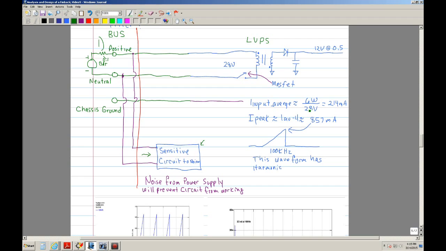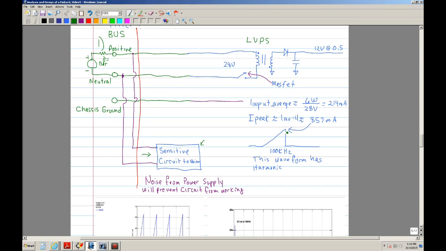In this case I'm dividing it by 28, so you get an average of 214 milliamps. Just to guesstimate it, you can multiply that times 4, so you can estimate that the peak current would be 857 milliamps.